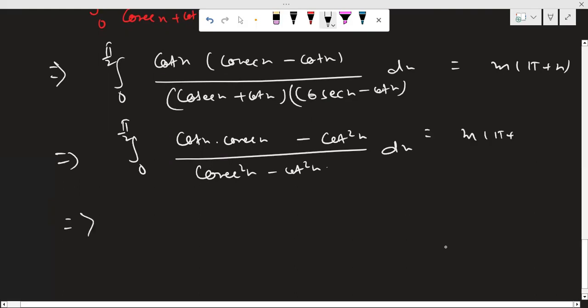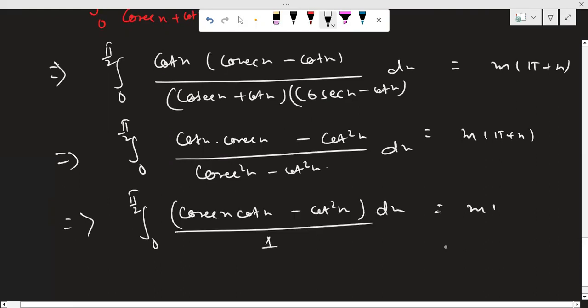So 0 to pi over 2 of cosec x cot x minus cot square x divided by 1, dx. Now we can separate these two terms, and they are basic standard integrals.